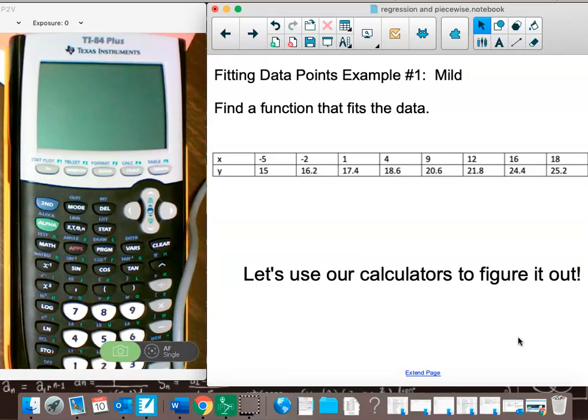We are going to use our calculators. So in life, sometimes we don't get a function. Sometimes we just get a whole bunch of data. And from this data, we have to figure out what function best models the data. So you might have a whole bunch of dots, right? I can't draw in here, I have to draw over here.